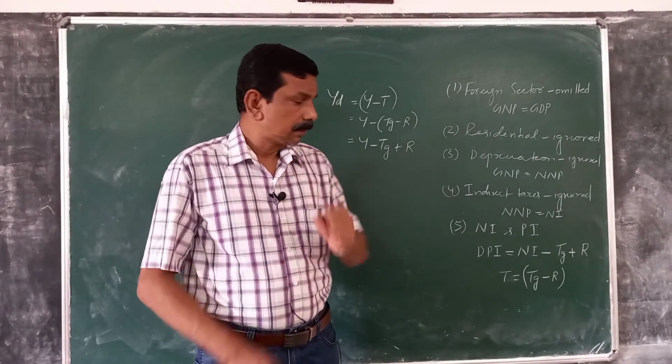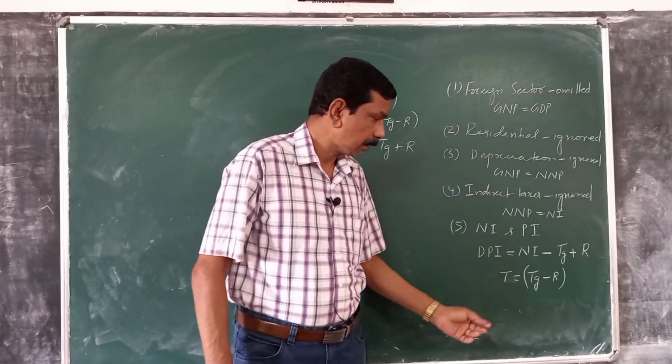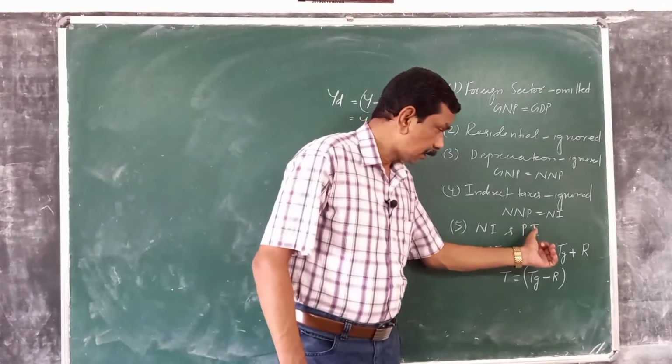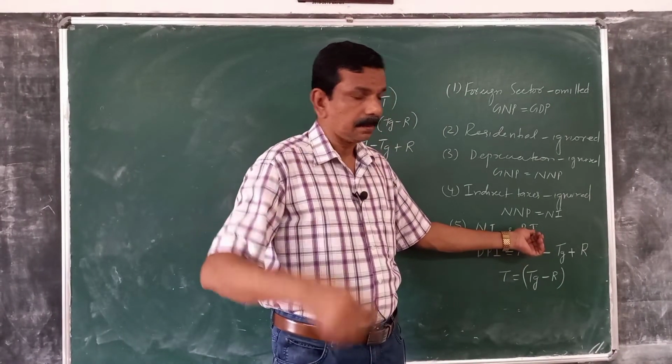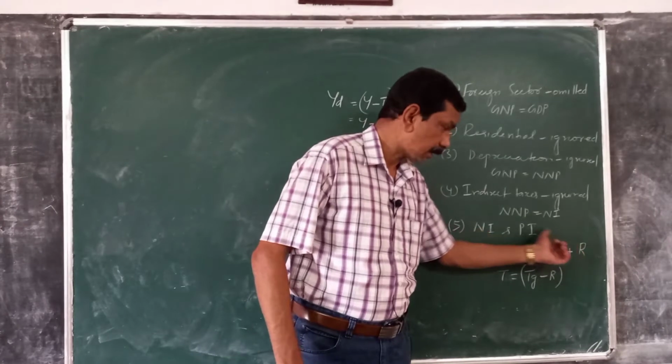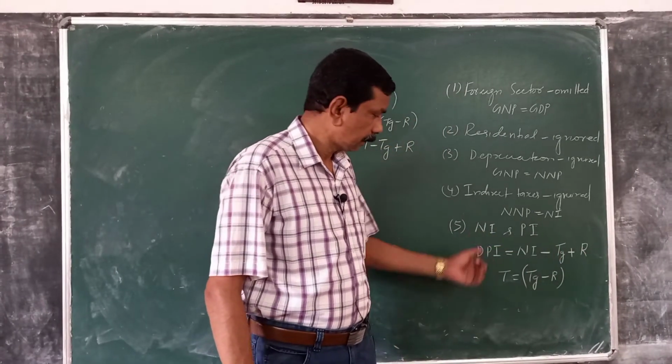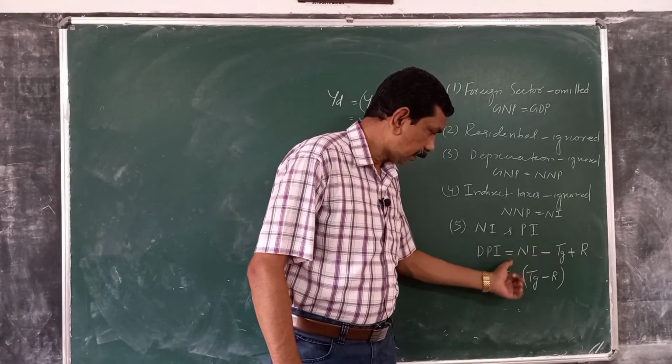So, remember this, in the three-sector model, personal income is not a measure of national income because transfer payments are there in the personal income. So, how are they related?